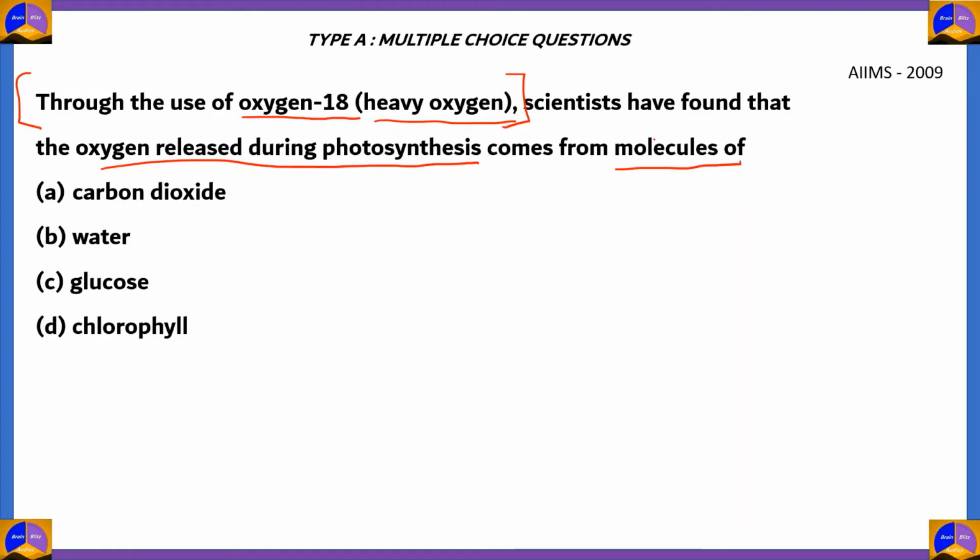And coming back to our question, we need to find out the oxygen is released from which of the molecules. So if you refer our second question, it said that photosynthesis contains two reactions, the light reaction and the dark reaction. And in the light reaction, NADP plus is converted into NADPH. So we're forming energy currencies.